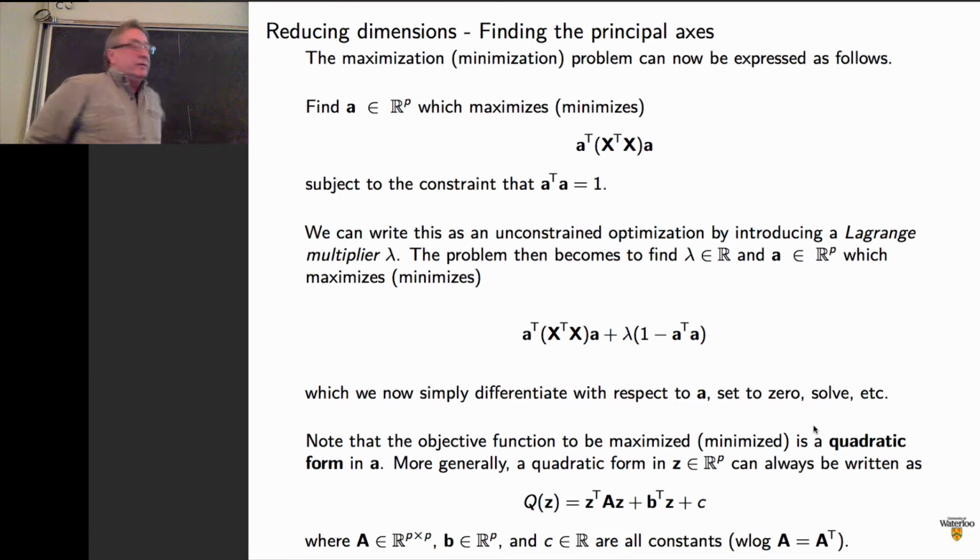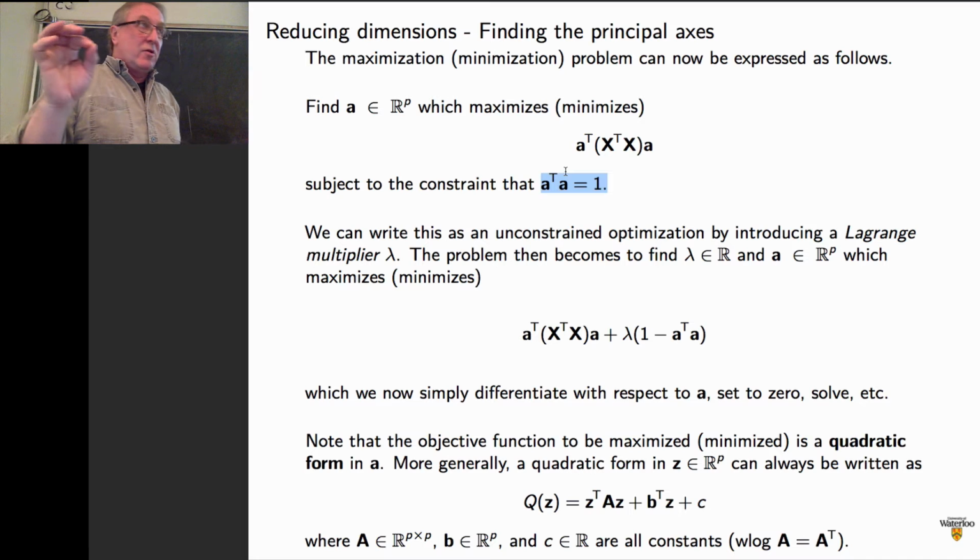So, what do I want to do? Well, I want to find a direction vector that maximizes that quantity. It's a function of A, subject to the constraint A transpose A equals 1. You know how to do that. There's a simple equality constraint.